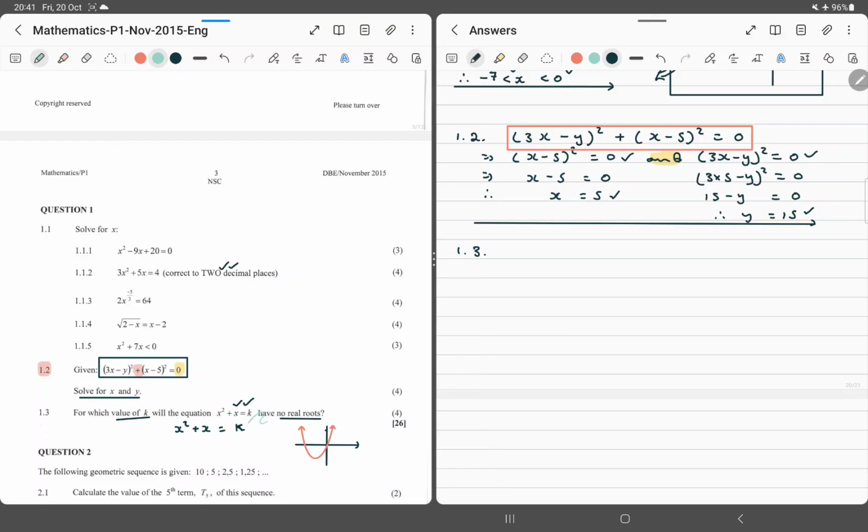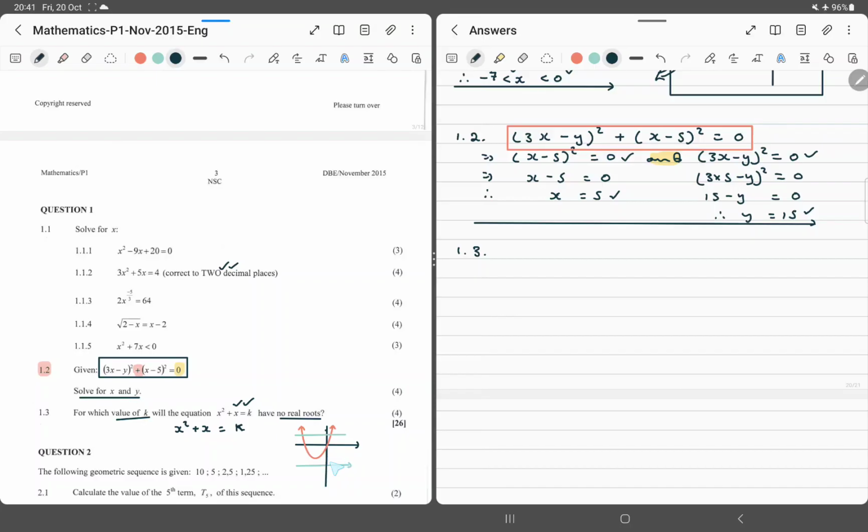But k is some constant, meaning it's a straight line graph. Now, for this not to have any roots, meaning it can't be here, because roots are the points of contact, it has to be below the level of the turning point. Because when it is below the level of that turning point, let me just extend.